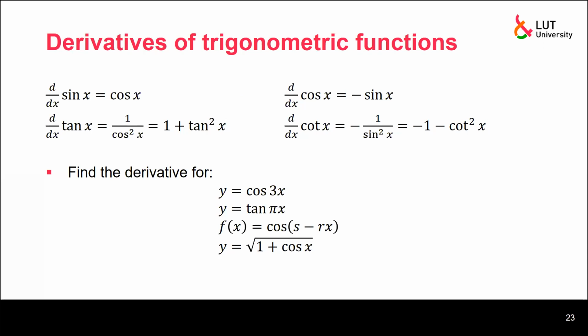So we now get y dash, which was the complete one, is outer function minus sine inner function 3x times the derivative of the inner function, times 3.